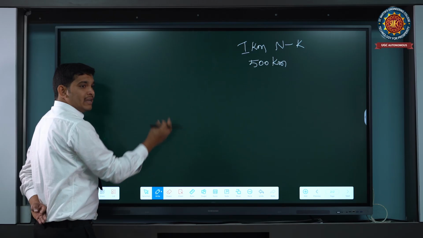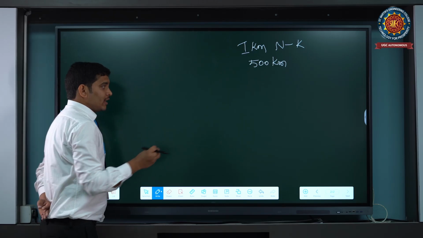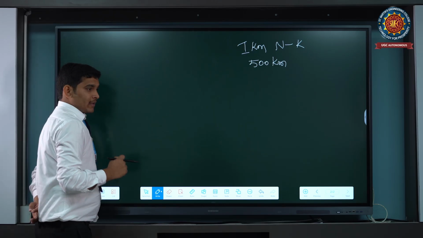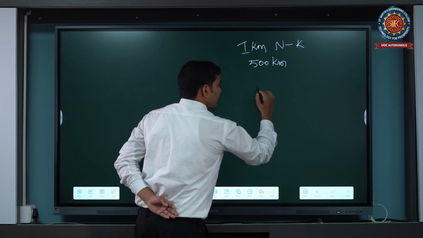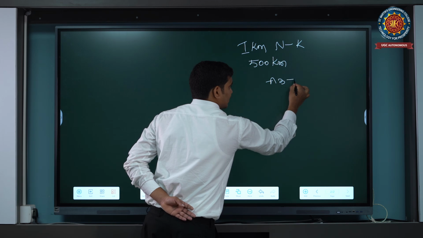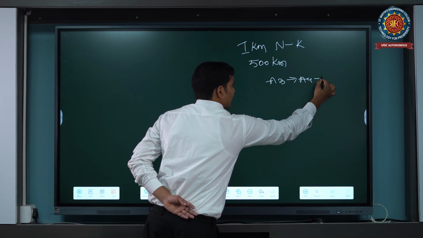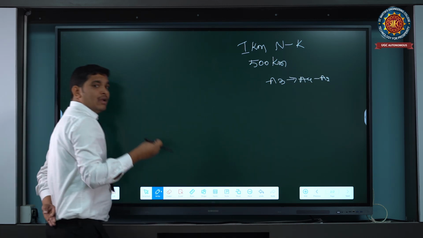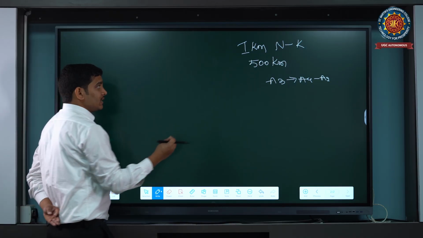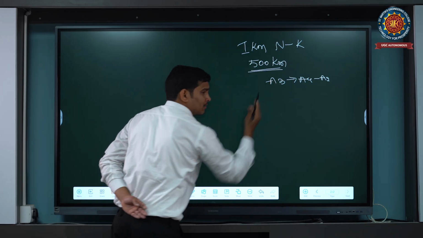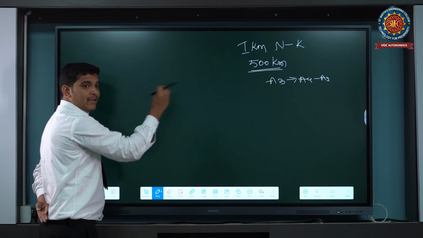We need to represent these 500 kilometers in a Google map or in a drawing sheet. Drawing sheets come in A4, A3, A2 and other different sizes. It is not possible to represent 500 kilometers on an A4 paper.